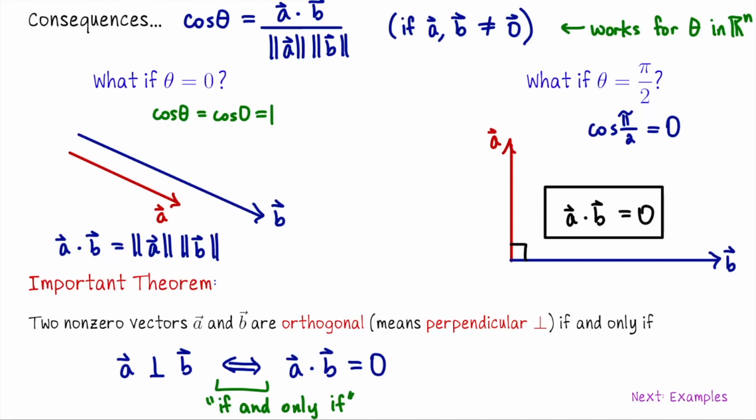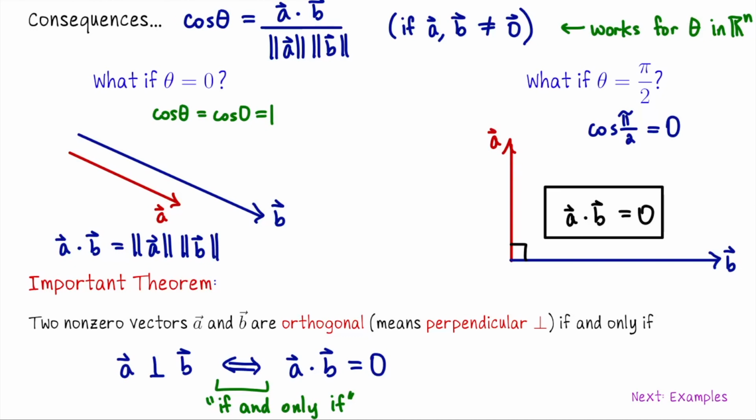If and only if means that both sides must either be simultaneously true or simultaneously false. So if A is perpendicular to B, then it must be the case that A dot B equals 0. And if A dot B equals 0, then A must be perpendicular to B. These go hand in hand.